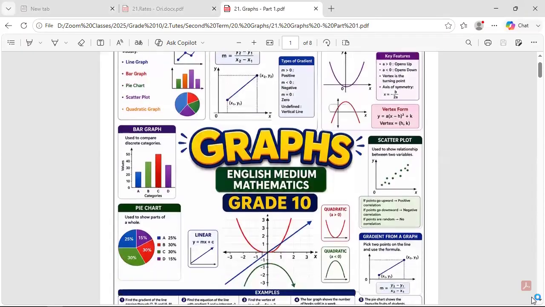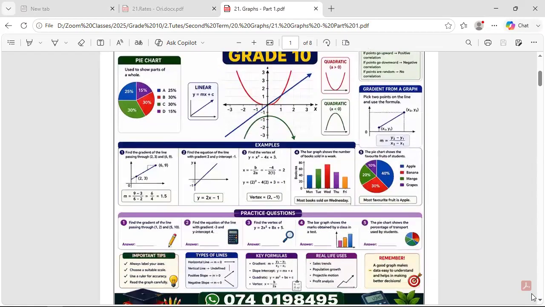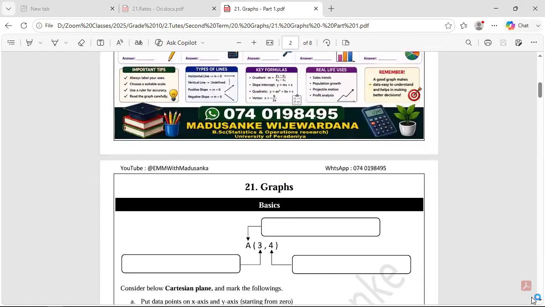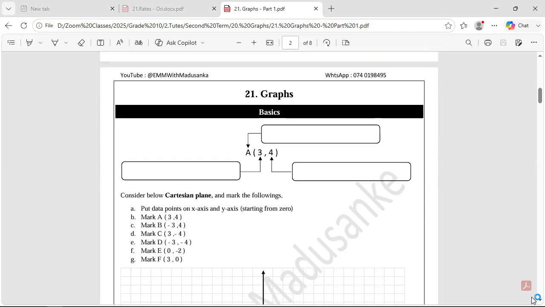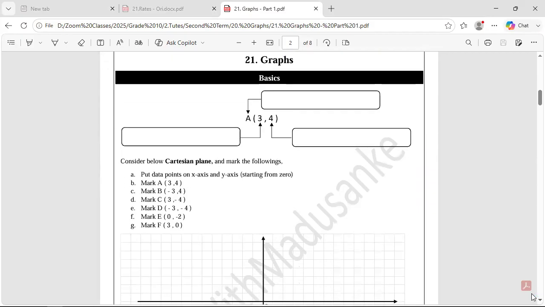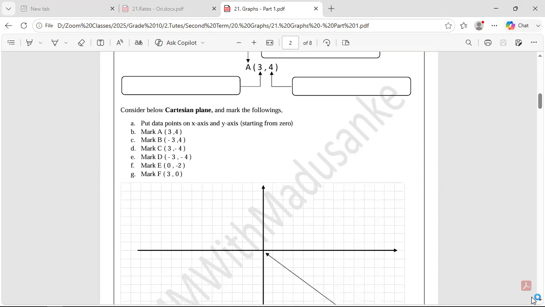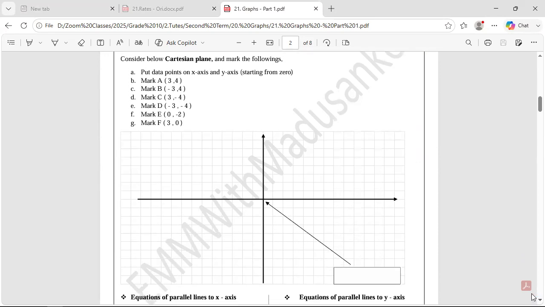So this is the graph to cover, and this is where we are doing it. The first part has been done, and we go into this when we have the Cartesian.